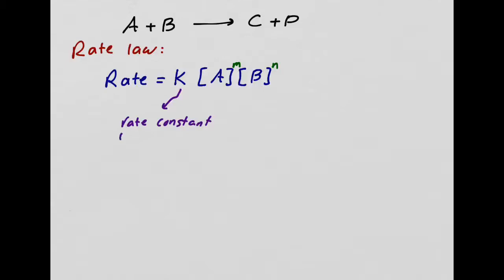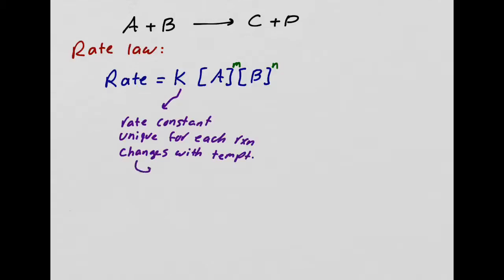K is unique for each reaction. So if you have a reaction, it has a K. And this is really key, the only thing that would change it is T. It changes with temperature.